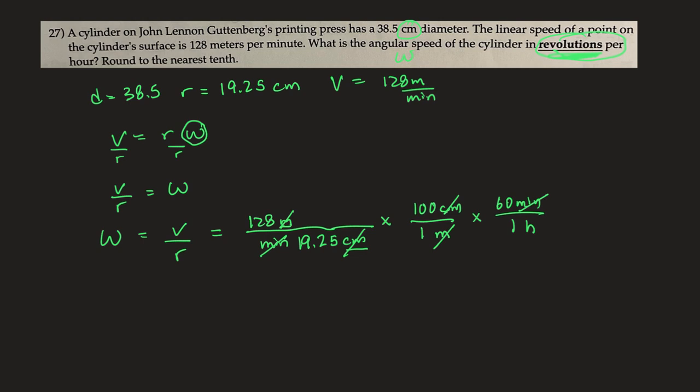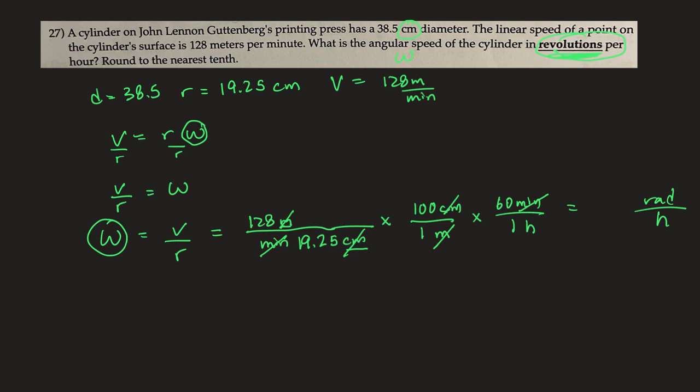So now, it's not really shown, but anytime you're looking for angular velocity, your units are radians per given time. And in this case, I've got them converted to hours. So if I do this calculation, I could keep going with the dimensional analysis, but I might as well come up with this one here.